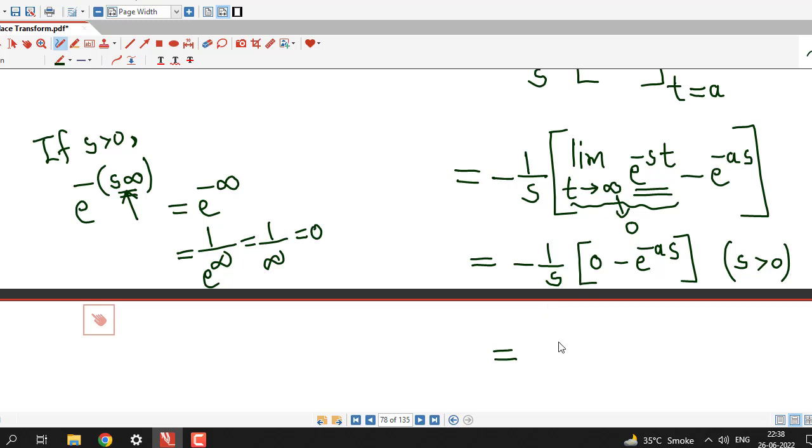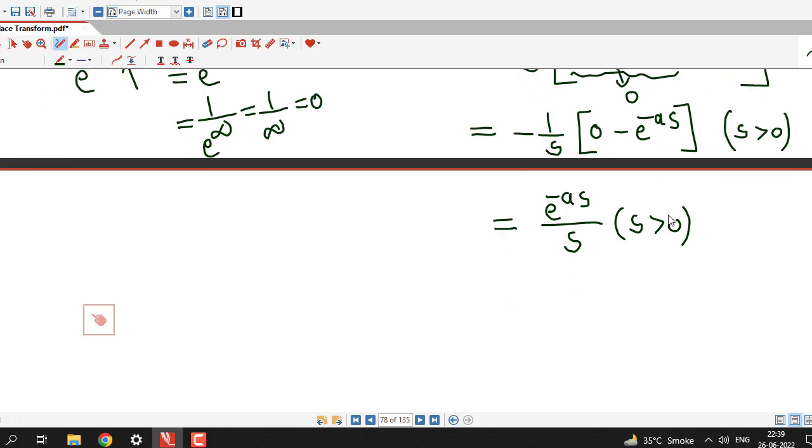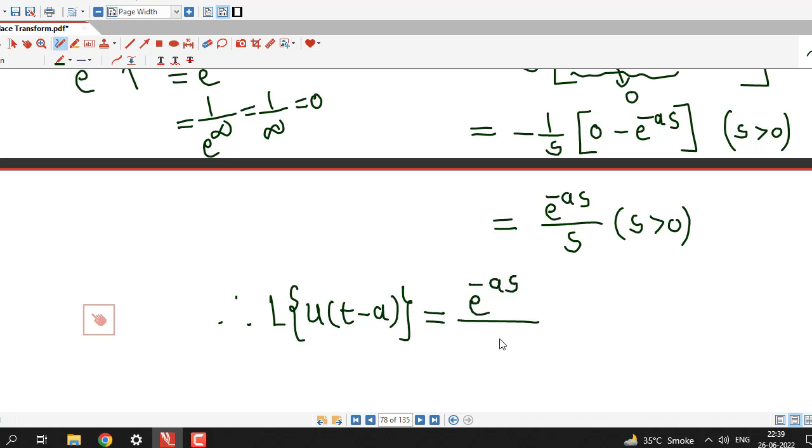Now this is e raised to minus as divided by s whenever s is positive. If s is negative, the Laplace transform does not exist. Therefore, we have proved that the Laplace transform of the unit step function u(t minus a) equals e raised to minus a into s divided by s, provided s is positive.